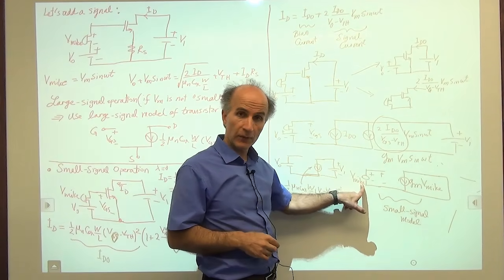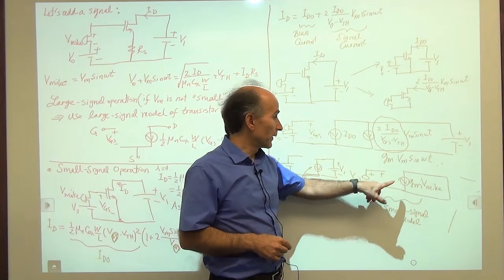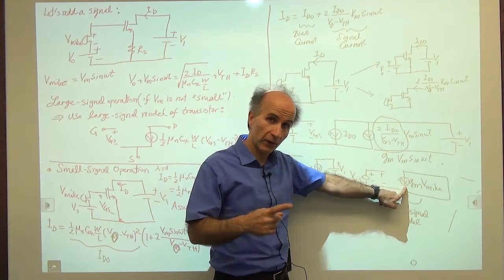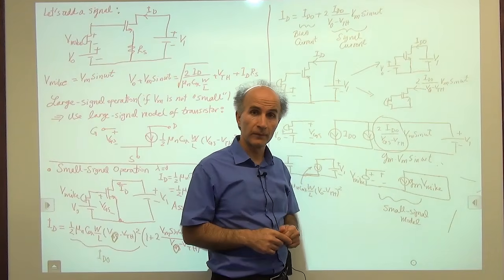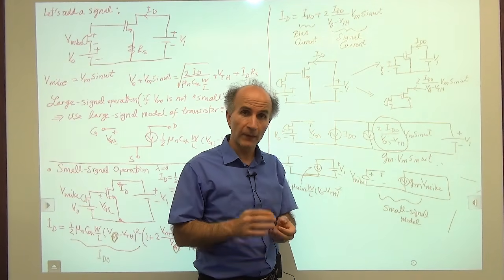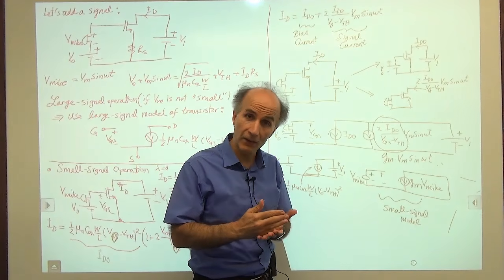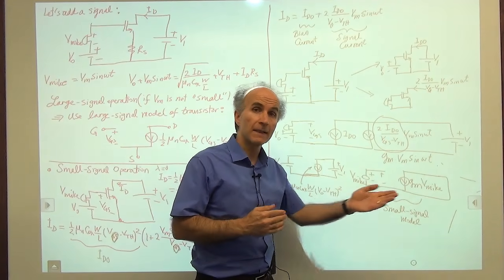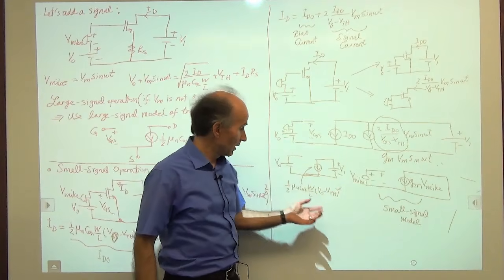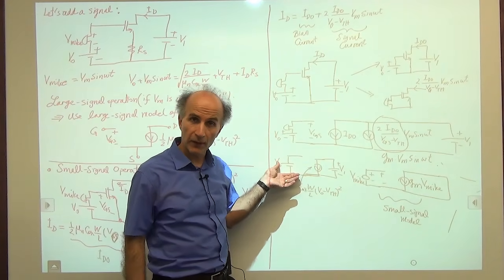The microphone signal changing with time has to be there. There's a component in the current of the device that's changing with time. That has to be there too. But everything that doesn't change with time, everything whose change with time is zero, is zeroed out. So this voltage doesn't change with time.